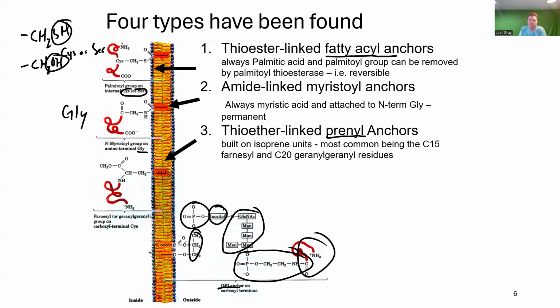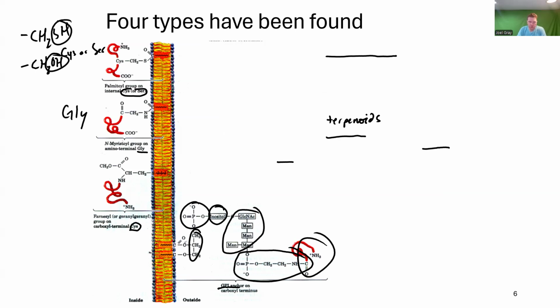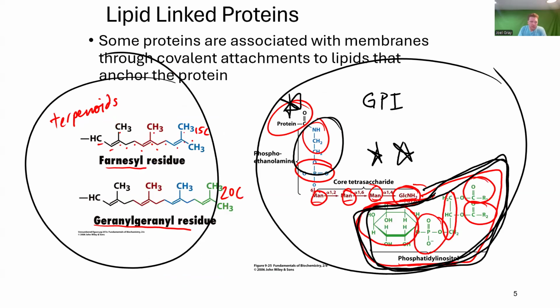This is those terpenes, those terpenoids. So these are built on isoprene units, also known as terpenoids, most common being 15 or 20 carbons that can be added to a cysteine. Okay, so just to jump back here, these can be added to a cysteine.